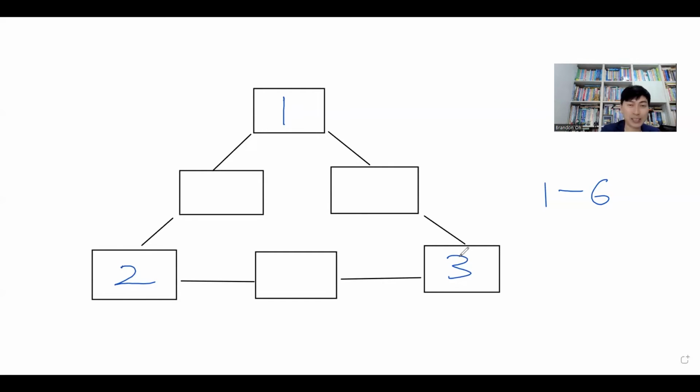So I put them at the corners of this triangle. And then what about 4, 5, and 6? I may want to place 4 here in between 2 and 3. I may want to place 5 in between 1 and 2 and 6 in between 1 and 3.